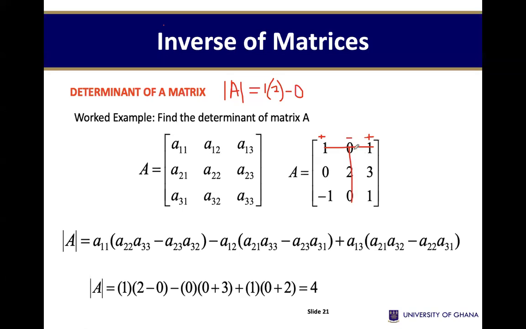Now when I cross it in that way, the 0 is already picked. So I'm left with 0, 3, negative 1, 1. With a 0 there, I can open a bracket. Then I'm having a 2 by 2 matrix I can actually concatenate. So 0 times 1 is 0. Minus, then 3 times minus 1 is minus 3. So minus 3 is going to be minus minus 3. So that's going to give me plus 3.